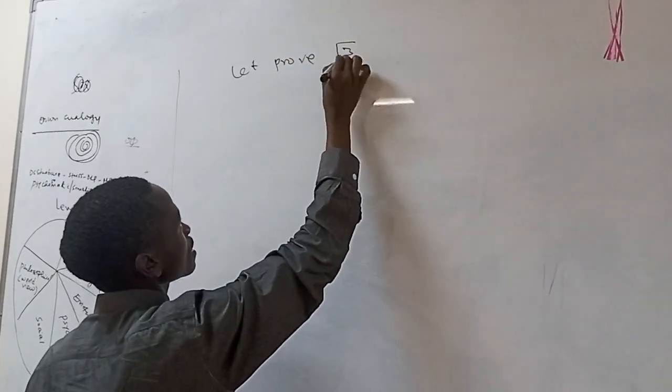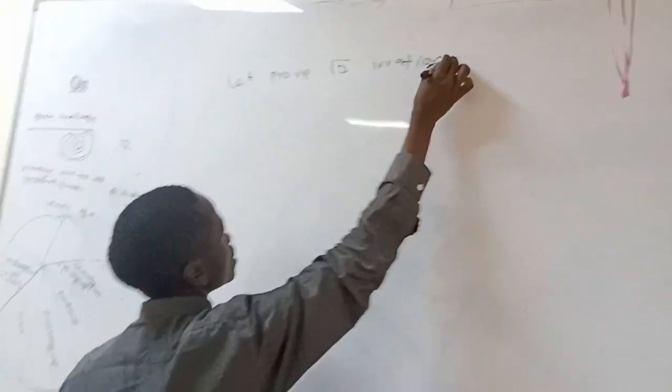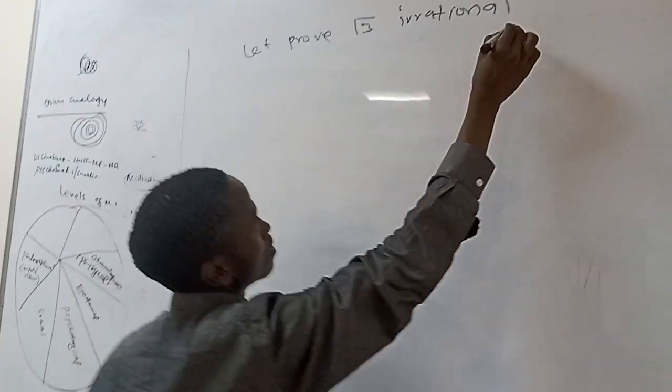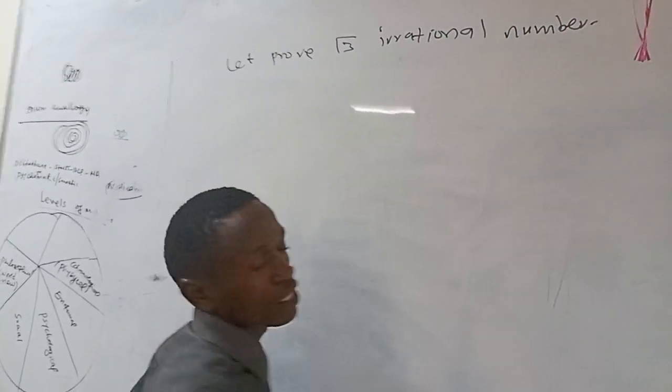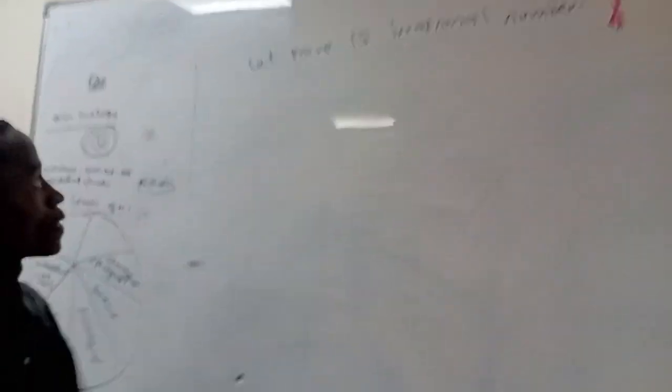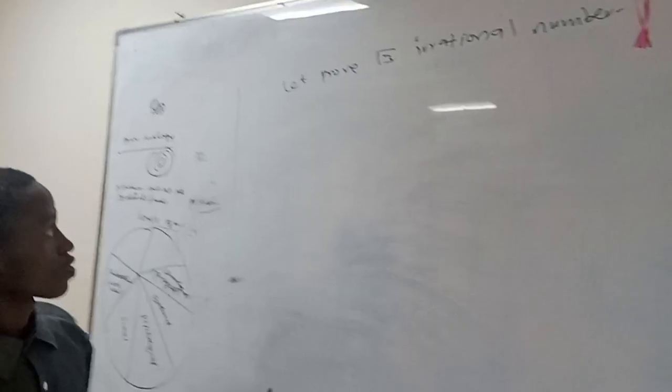If root 3 is an irrational number, then we shall prove by the method of contradiction by assuming that root 3 is a rational number.